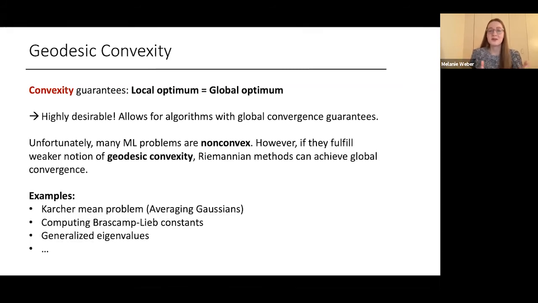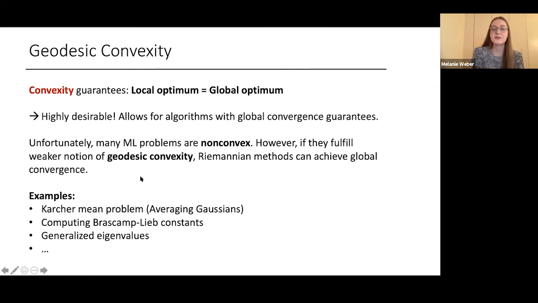Now, of course, many machine learning problems are non-convex, and also some of these subroutines that we've just seen are non-convex, but some of these matrix valued problems fulfill weaker notions of convexity, which we call geodesic convexity, and which corresponds to a more general notion of convexity on Riemannian manifolds.